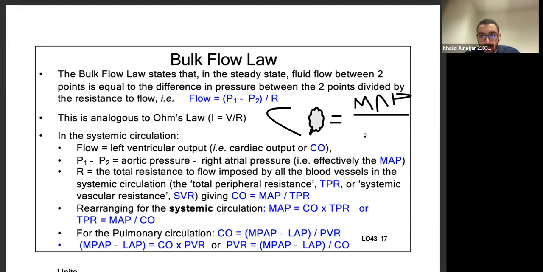What is resistance? It's TPR, right? So right here we converted this equation. Sorry, this is annoying.